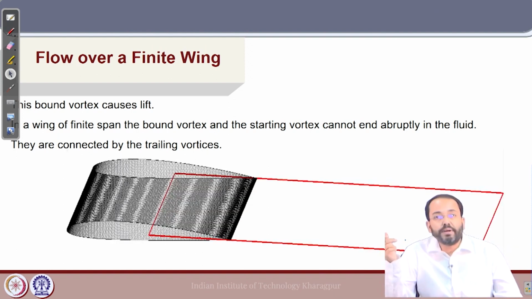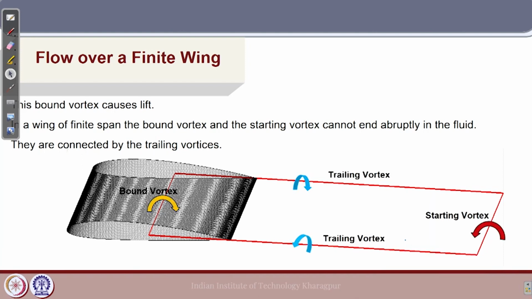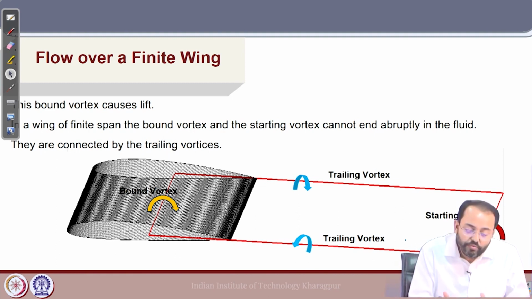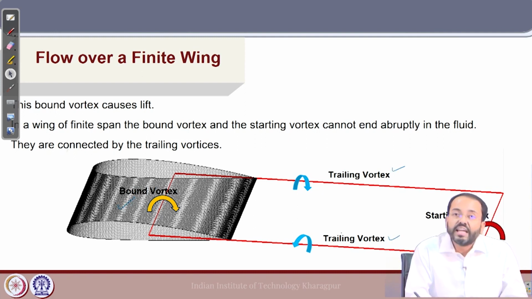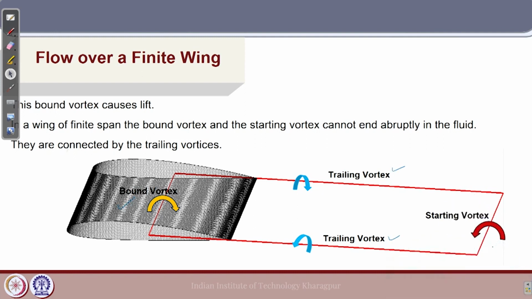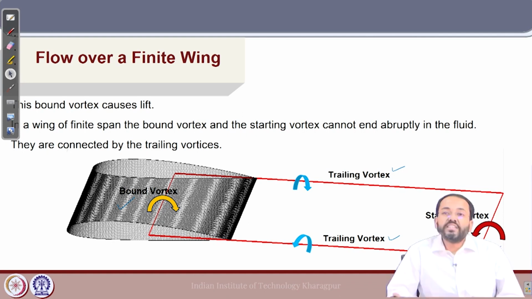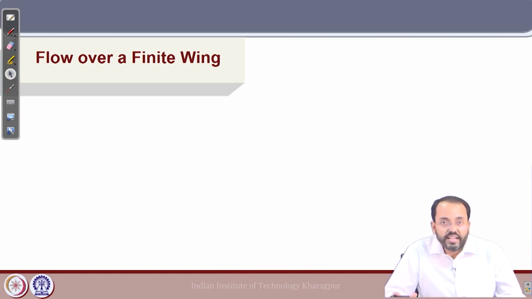So, they are connected by the trailing vortex, and this is how the vortex system appears for a wing. So, for a finite wing, we have a bound vortex, and from the two ends we have trailing vortex, and it is connected to the starting vortex which was shed initially from the wing. So, this representation gives the vortex structure of a wing.